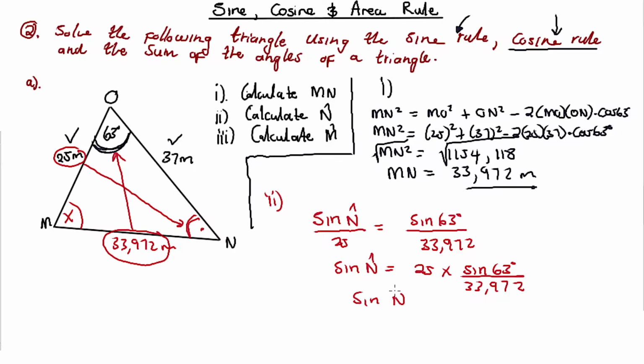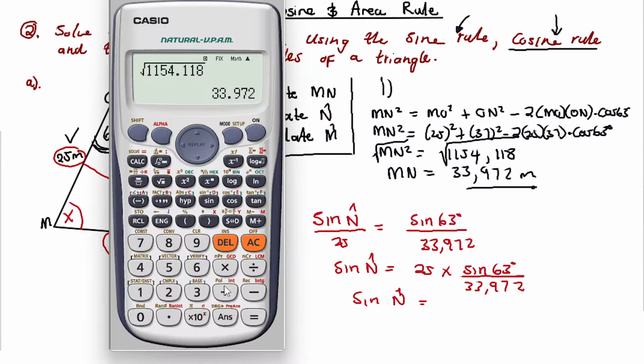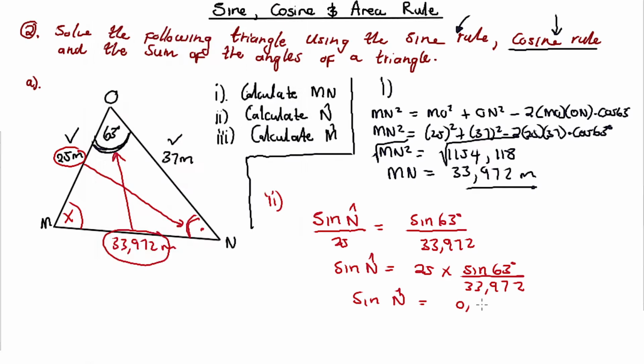Then sine of angle n is equal to 25 multiplied by sine 63 over 33.972. Answer, 0.656.